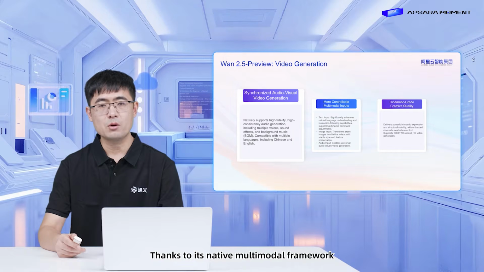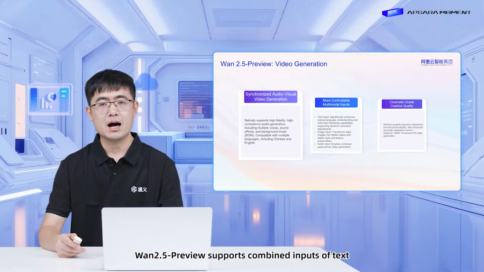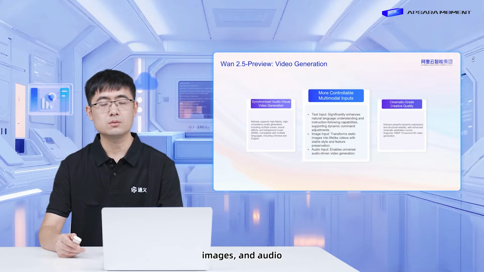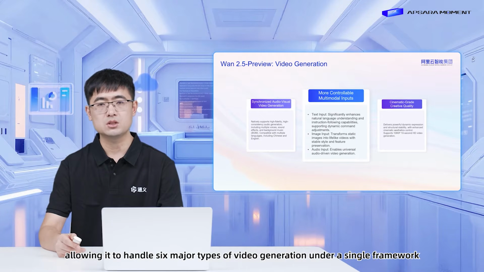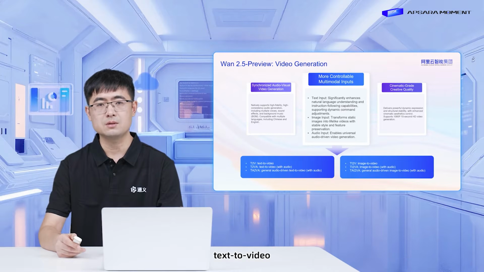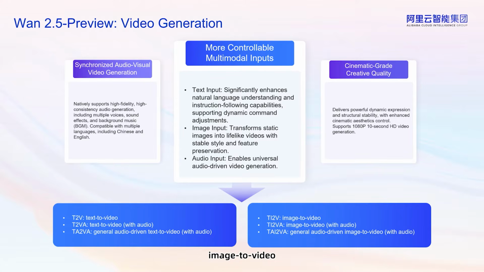Thanks to its native multimodal framework, Wan2.5 Preview supports combined inputs of text, images, and audio, allowing it to handle 6 major types of video generation under a single framework: text to video, image to video, text to audio video, image to audio video, universal audio driven text to audio video, universal audio driven image to audio video.